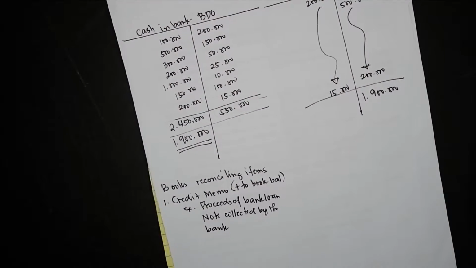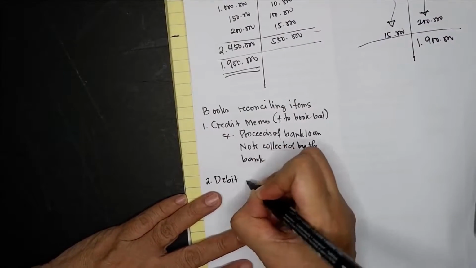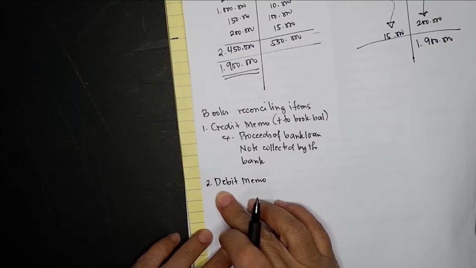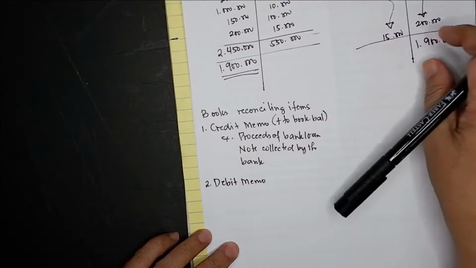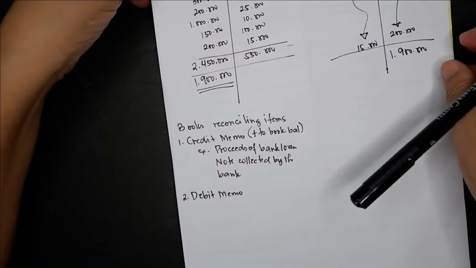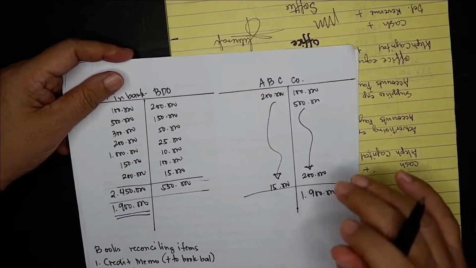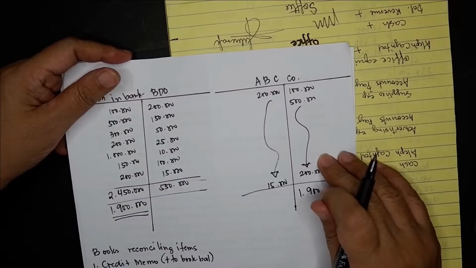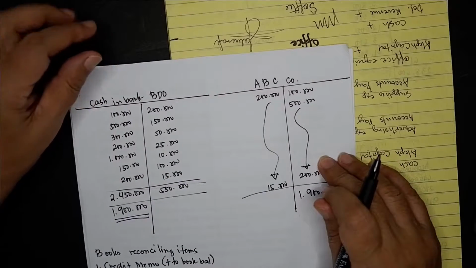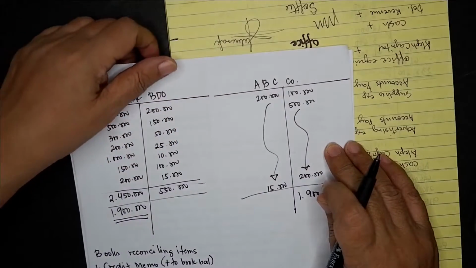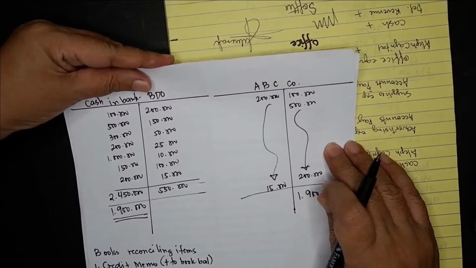Okay? Number 2, debit memo. For debit memo, from the term debit, it means the bank deducted our cash. Their entry is debit ABC Company and credit cash. That is every time they deduct from our cash.